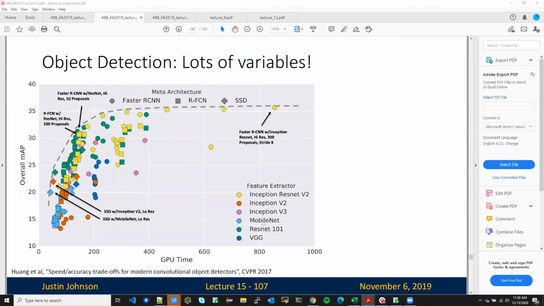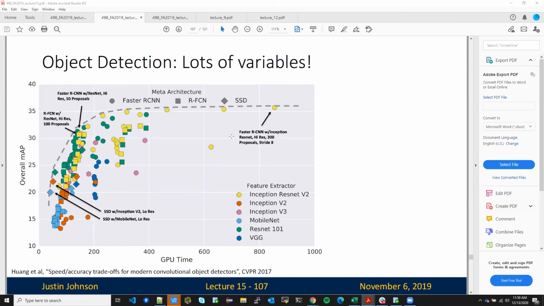If you compare Inception ResNet v2 versus MobileNet, if the backbone is Inception, you generally get better performance than if the backbone was MobileNet. And sorry, I forgot to say the y-axis is the overall mean average precision. So this is 2017, so the best at that time was around 37, right?